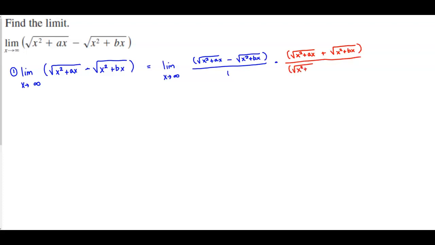The square root of x squared plus ax plus the square root of x squared plus bx. So now let's go ahead and multiply. So we have the limit, again, as x approaches infinity.